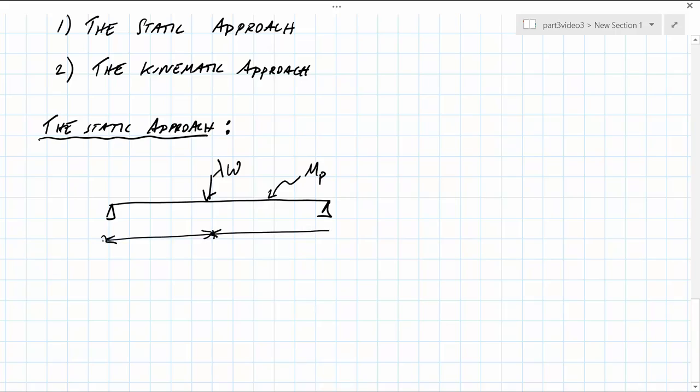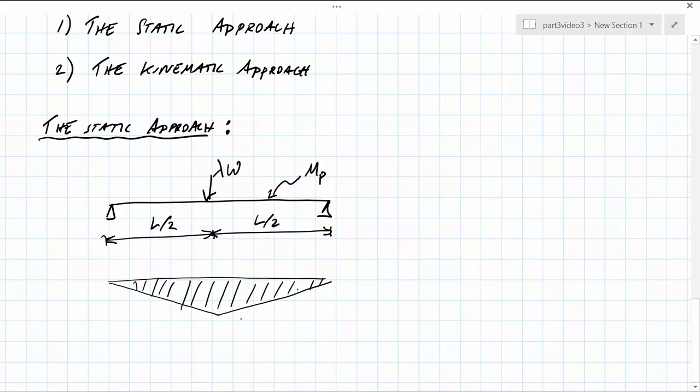The load is located at the center of the beam, and the objective is to find the collapse load factor on W. The elastic bending moment distribution is given as follows, and this has a peak value of M equal to the collapse load factor times WL over 4 as determined by statics.